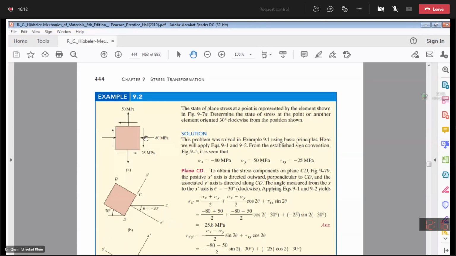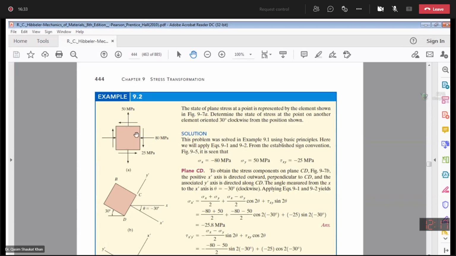Sigma x is 80 megapascals, and shear stress tau xy is given as 25 megapascals. Sigma y is given as noted here. Sigma y is positive as it is directed towards the positive y direction.